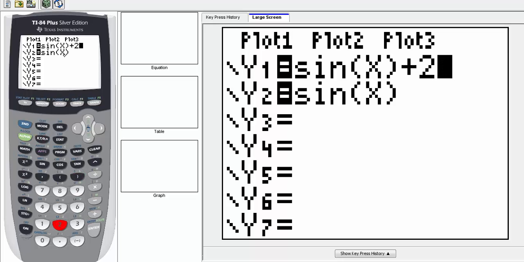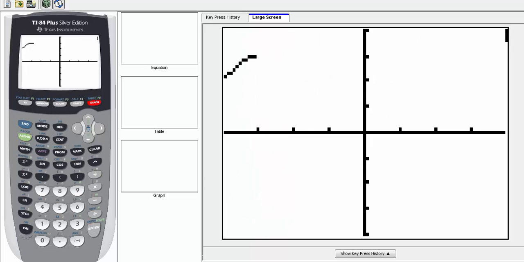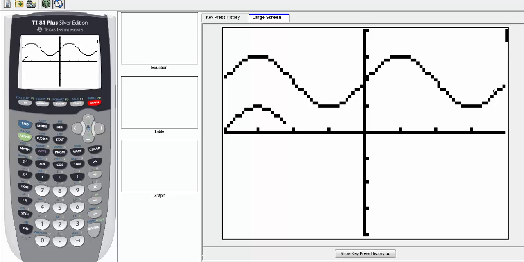And I'm going to leave the other just plain sine function in here, and we can compare this a little bit. So then if we look at the graph, this is the sine of x plus 2 being graphed first, and then second is the original sine function. So we can see here that our function has simply moved up.